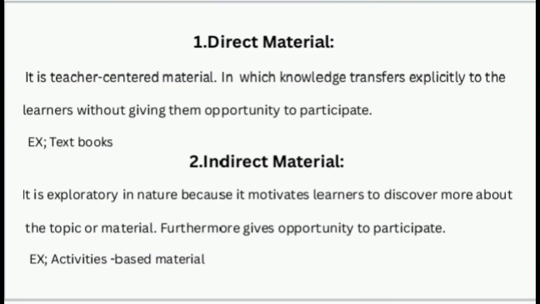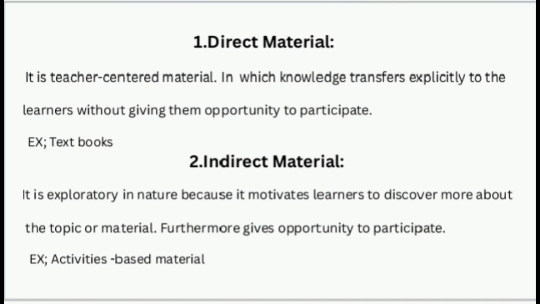What is direct material? Basically, direct means something explicit. Explicit means something open. So basically, direct material is the material which is used by the teacher in the classroom without involving or engaging students. This material is used in a teacher-centered classroom.